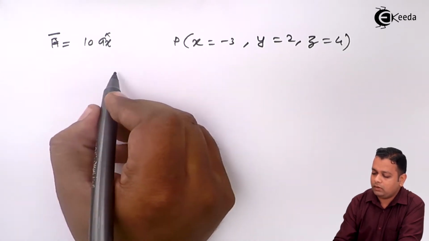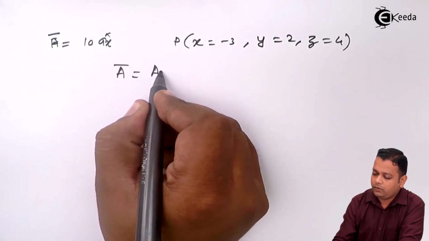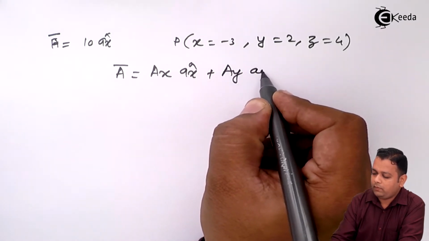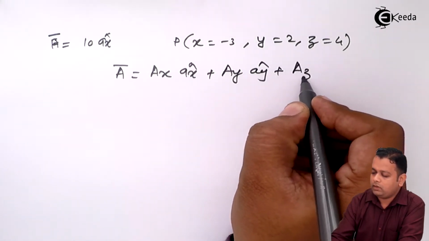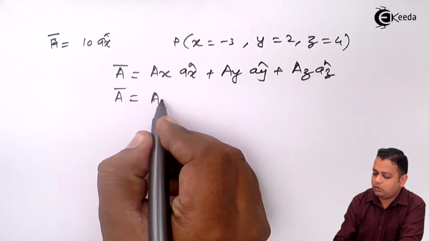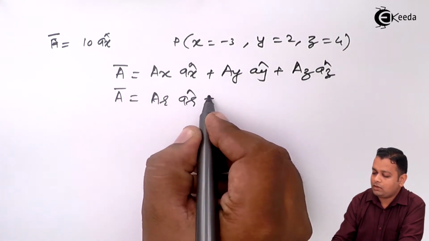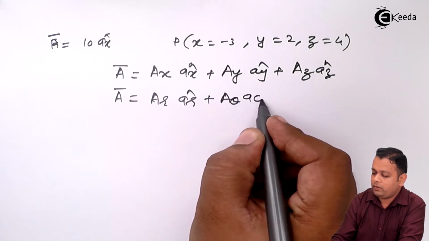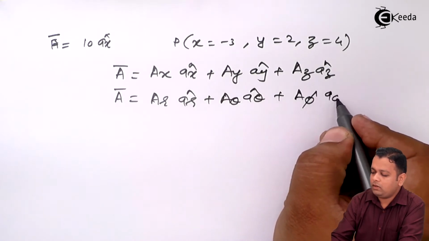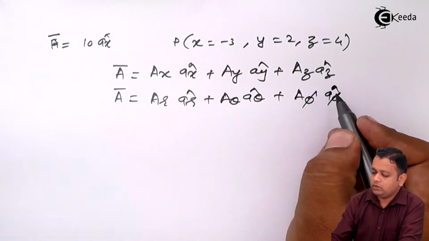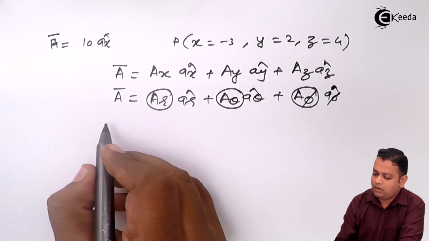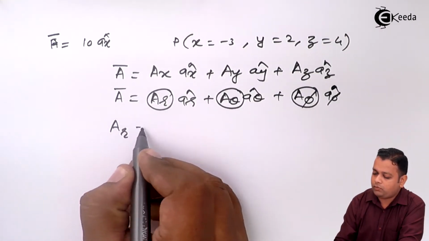So a bar, this is in the form ax cap, ay cap, az cap. We want the form a bar is equal to ar cap plus a theta cap plus a phi cap. So to get the coefficients ar, a theta and a phi, we take the help of dot product.